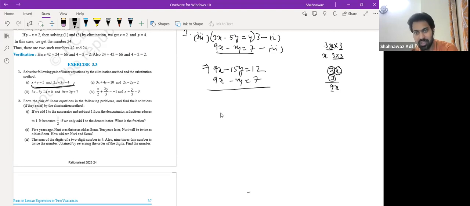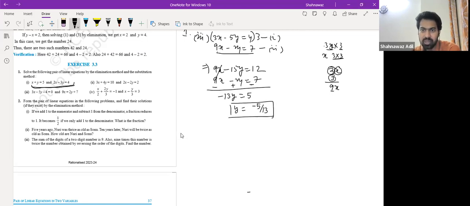Subtract. So this will change, this will change, this will change. So this cancels and this is minus 15 plus 2, so how much? 13. And 12 minus 7 is 5. So y is minus 5 by 13.